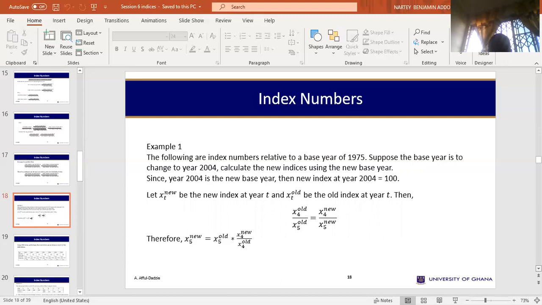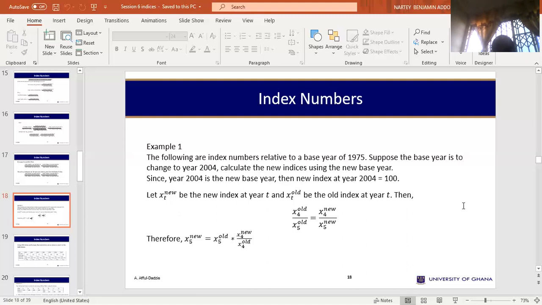Since the year 2004 is the new base year, the new index at year 2004 will be 100, of course. So the index number for 2004 will now be 100.